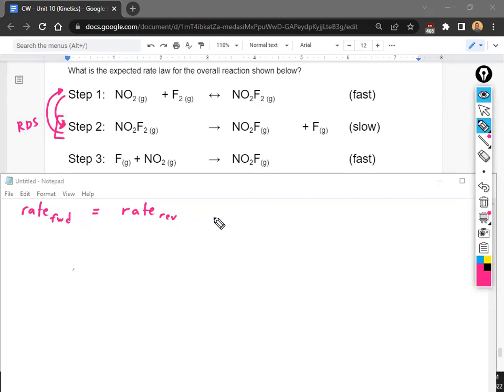Okay, so we can use that information to derive another equation. So the forward rate, actually, I'm not going to write it like that. I'm going to draw arrows. So the forward rate right here, going from step 1 to step 2, is K1, because each of these steps has its own rate constant. It's going to be the concentration of NO2 times the concentration of F2.